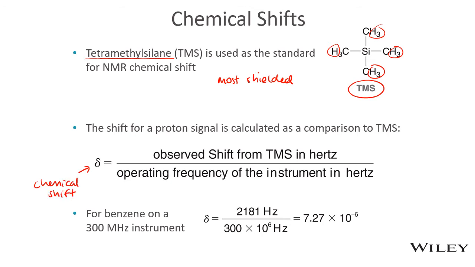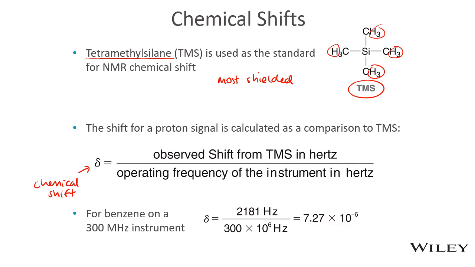So for example, if we were to take benzene and measure it on a 300 megahertz instrument, we would get a chemical shift of 2181 divided by 300 times 10 to the 6 hertz. Ultimately, this is going to come out to 7.27 times 10 to the minus 6.